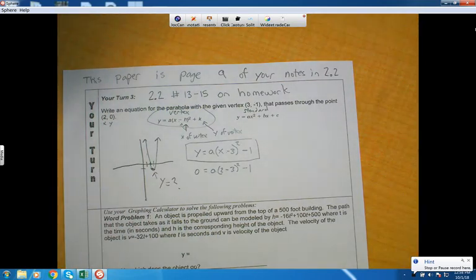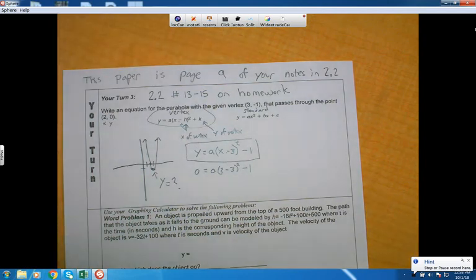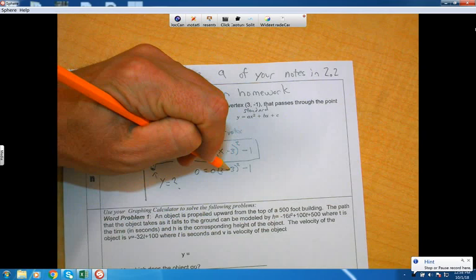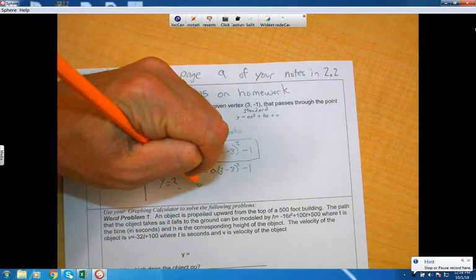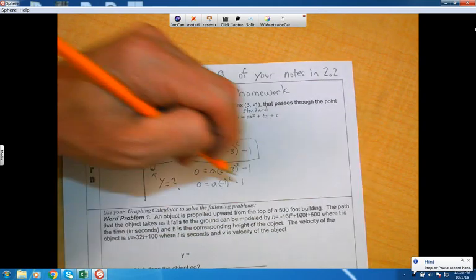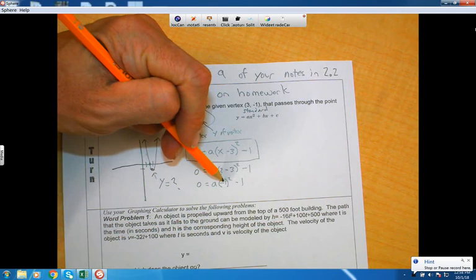Why is this nice? The reason it's nice is because the only letter left is a. So even though I don't know what a is yet, for the first time in this problem, I could actually solve for it. So let's figure out what a is. 2 minus 3 is -1. So 0 equals a times -1 squared minus 1. Negative 1 squared is the same thing as negative 1 times negative 1.